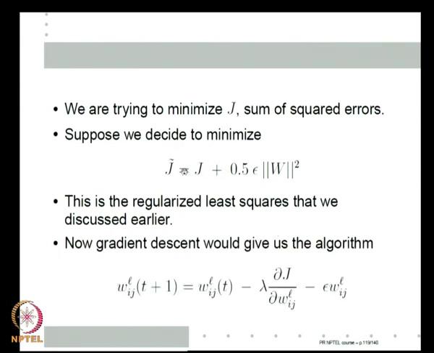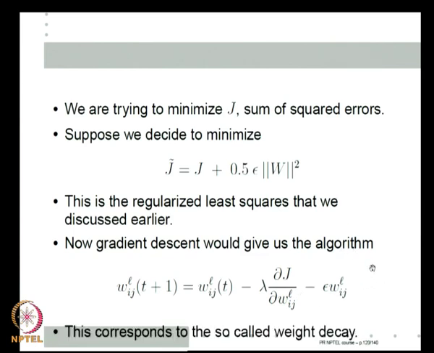Now, if I do gradient descent on J tilde, this will be the usual gradient, minus lambda times this, and this will give me minus epsilon. The 0.5 I put here so that this 2 will cancel. This is nothing but the square of each of the components. So, if I take a partial derivative with respect to any one component, I get that component there. So, making each Wij 1 minus epsilon times the Wij from time to time is simply implementing, on top of the gradient descent, the regularized least squares.